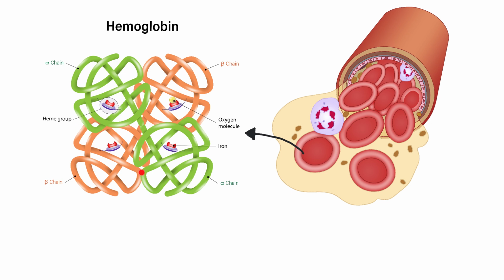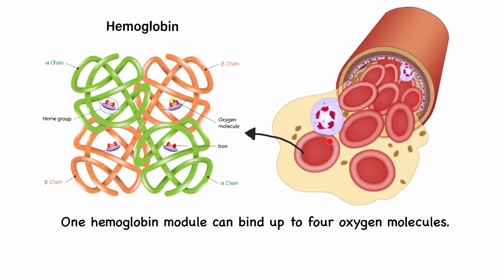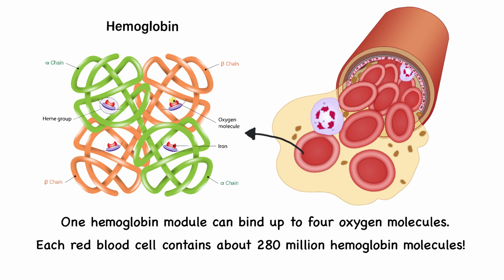So one hemoglobin can bind up to 4 oxygen molecules. If we talk about one red blood cell, there are about 280 million hemoglobin molecules. So there is a great deal of oxygen carrying capacity with all of these hemoglobin molecules. Oxygen and hemoglobin bind in an easily reversible reaction to form oxyhemoglobin.